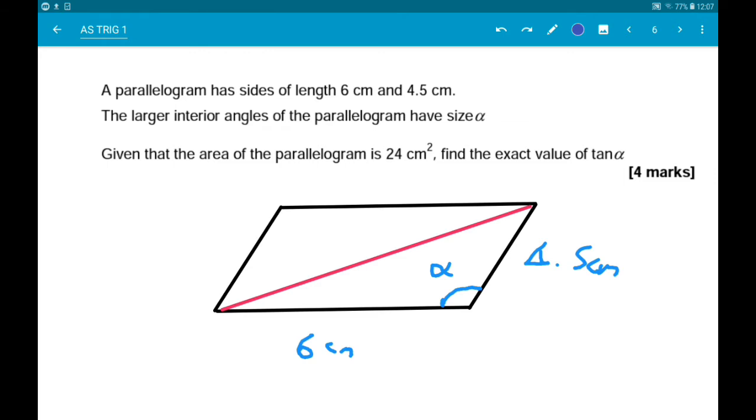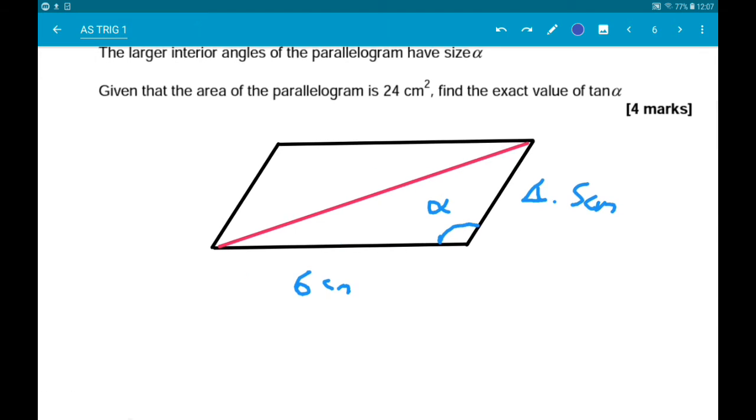So, using area of a triangle, we can say that 1/2 times 6 times 4.5 times sine of alpha, we know that that is equal to 12 because it's half the parallelogram.